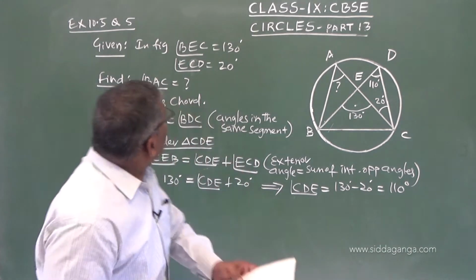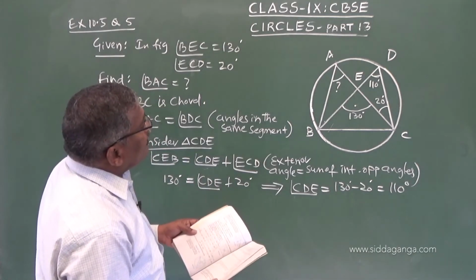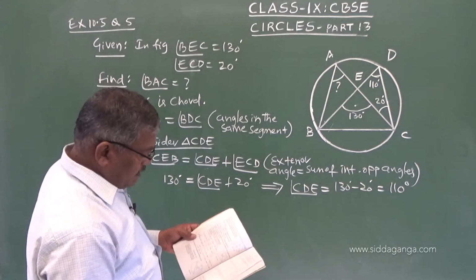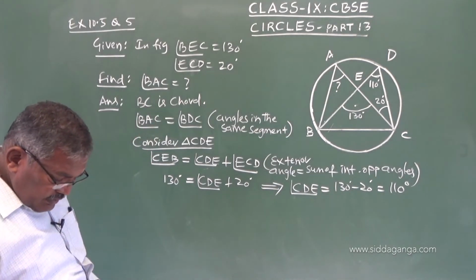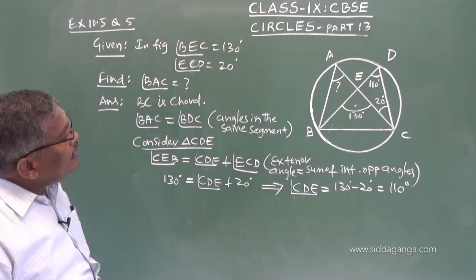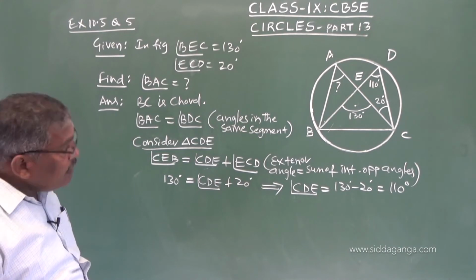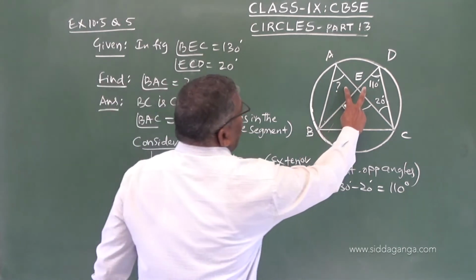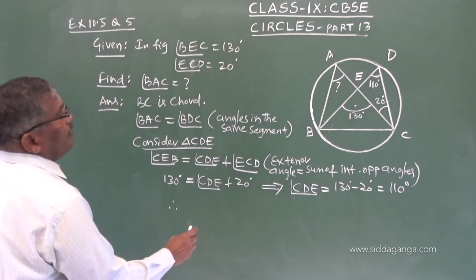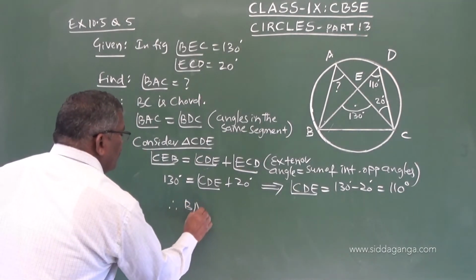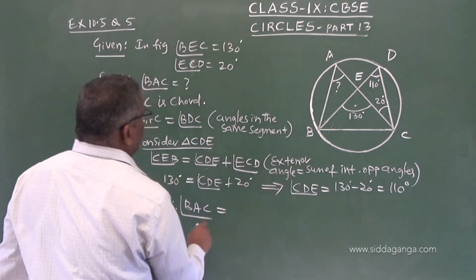Now this question number 5, BAC we are asked to find out. CDB is 110 degree. So therefore we know that these two are equal. So therefore we have BAC equals BDC.